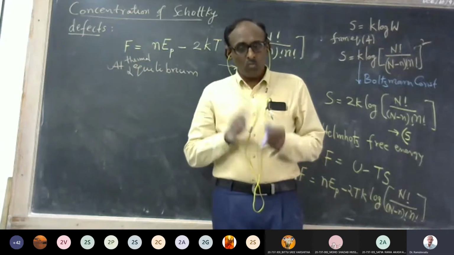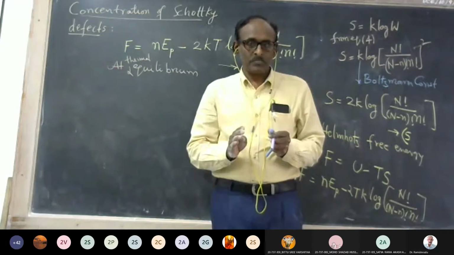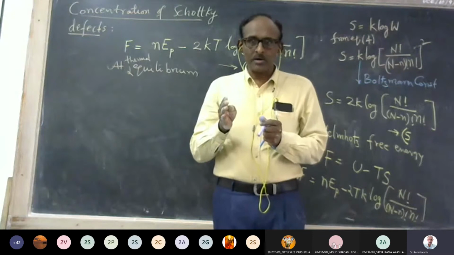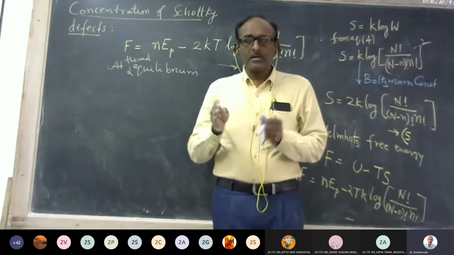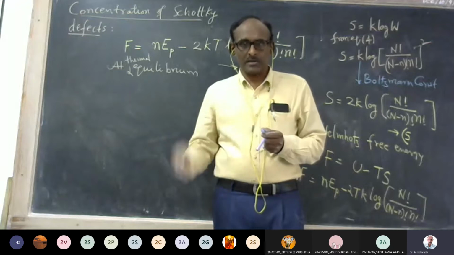We have to see. Once the temperature is fixed, up to that temperature being reached, energy is supplied to the crystal, and thereby one or two defects or maybe more defects start forming.